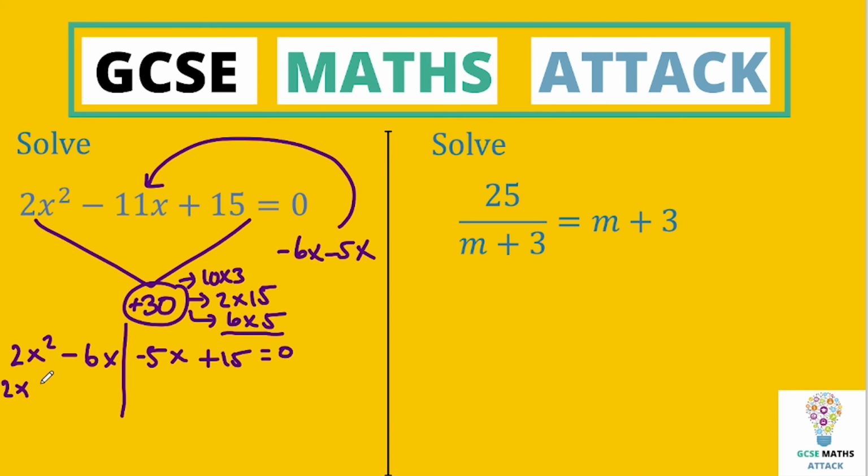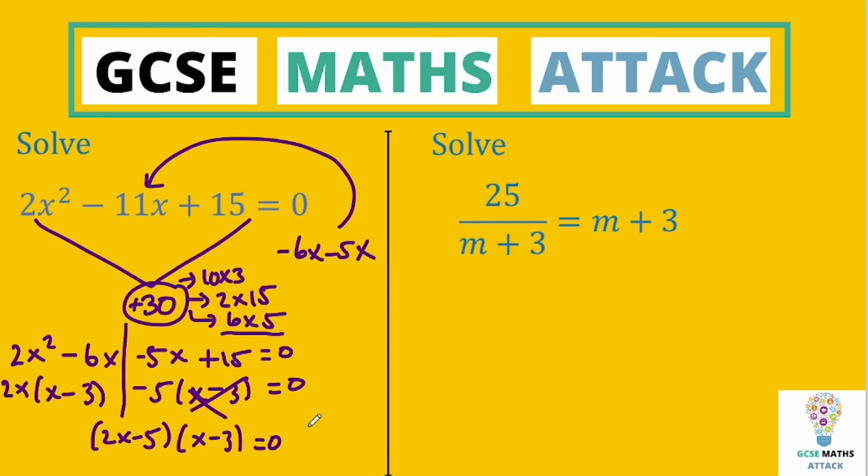I'm going to pull out a 2x. I'm left with x minus 3. I'm going to take out a minus 5 equals 0. That cancels out. I'm left with 2x minus 5 and x minus 3 equals 0. So my two solutions will be x equals 3 or x equals 5 over 2.